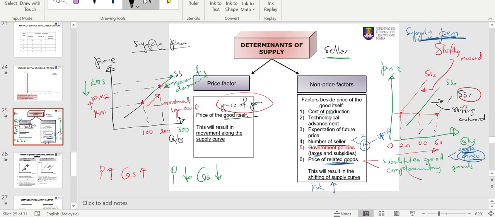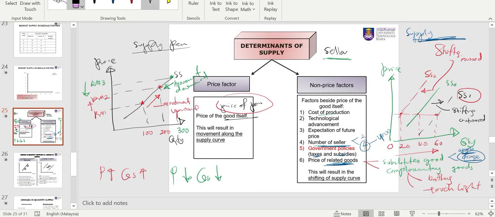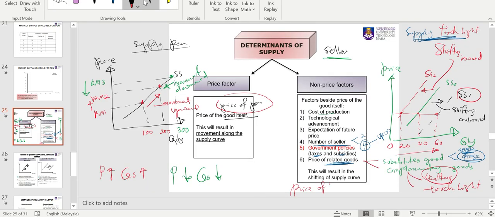Vice versa, if I use another example, for example, two goods that must be sold together, which is the battery and torchlight. Okay, so here it is the supply of torchlight. Alright, so kita akan tengok the price of battery. The thing is, in this case, it mentioned that the price of battery turun.